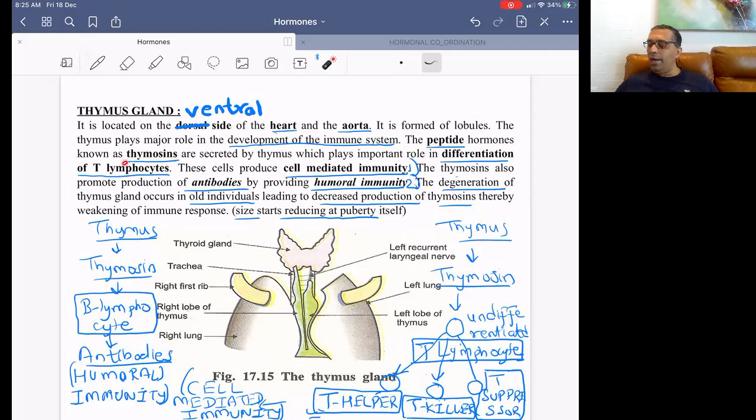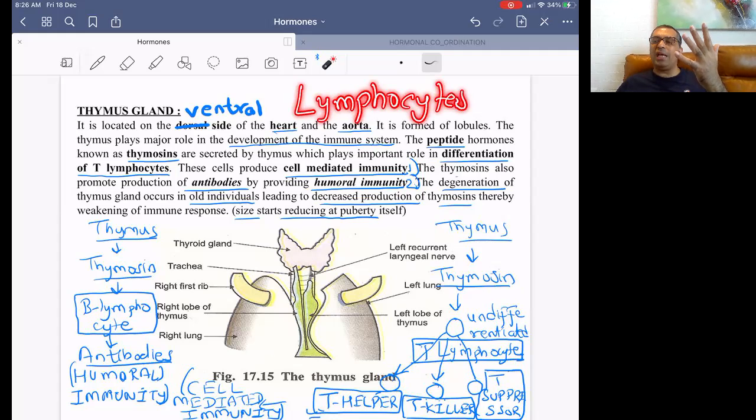This hormone called thymosin, made by the thymus gland, plays an important role in the differentiation of T lymphocytes, which is called cell mediated immunity. What is cell mediated immunity? Sir, among your WBCs in the blood, an important type is called lymphocytes. So you have eosinophils, basophils, neutrophils, monocytes, lymphocytes.